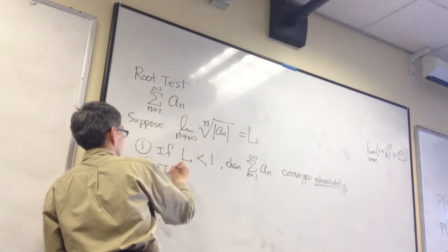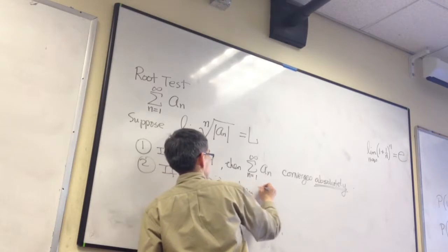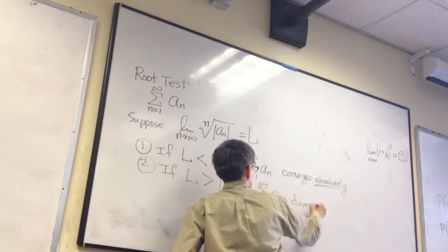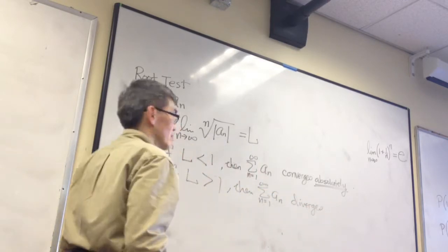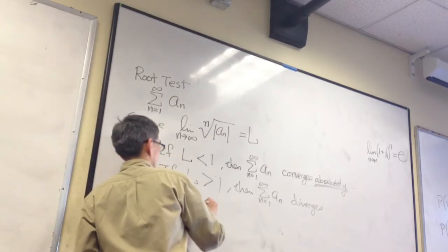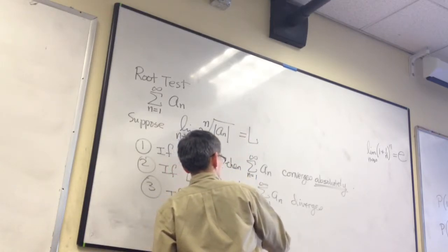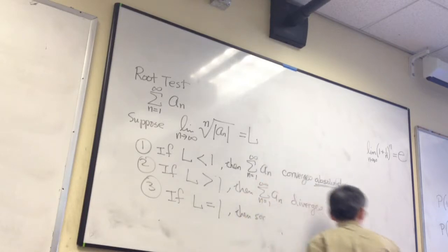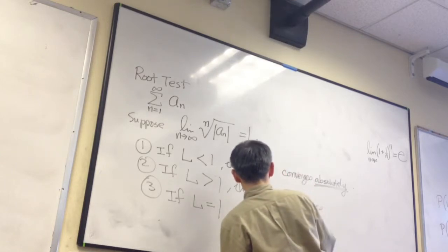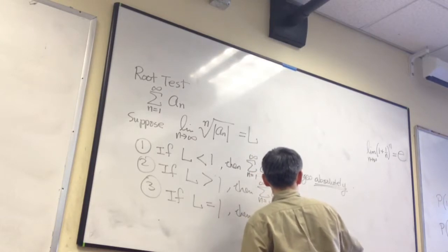Number 2, if L is greater than 1, then it's very bad: the original series diverges. Third, if L is exactly equal to 1, then it's inconclusive. This test is useless, inconclusive.